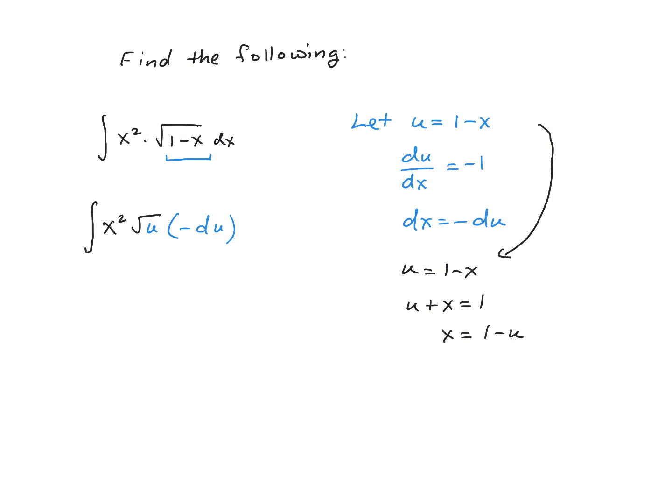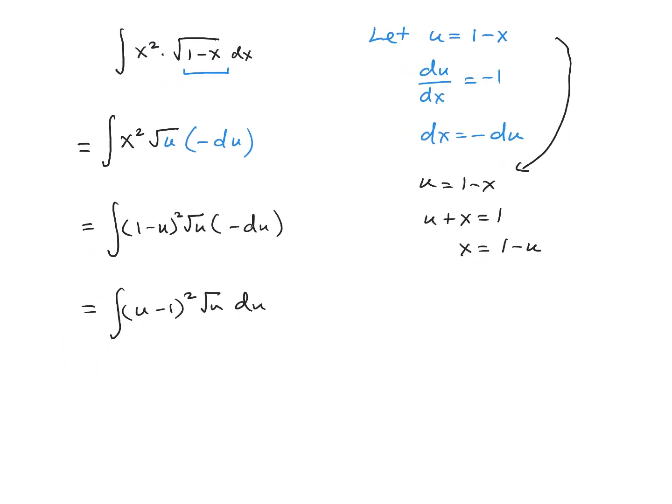So you can swap out that x with a 1 minus u instead. So that's the integral of 1 minus u, squared, times the square root of u, and there's still a negative du back here. If we multiply that negative 1 in, we'll just reverse the subtraction order. So that's u minus 1, squared, square root of u du.